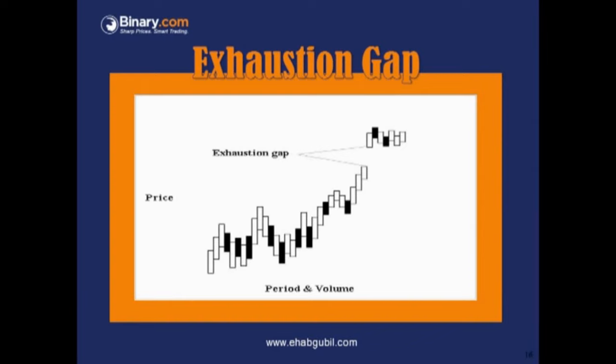The exhaustion gap usually happens within illogical market philosophy, such as the market being described as a can't miss opportunity or, on the contrary, as something to avoid at all costs.